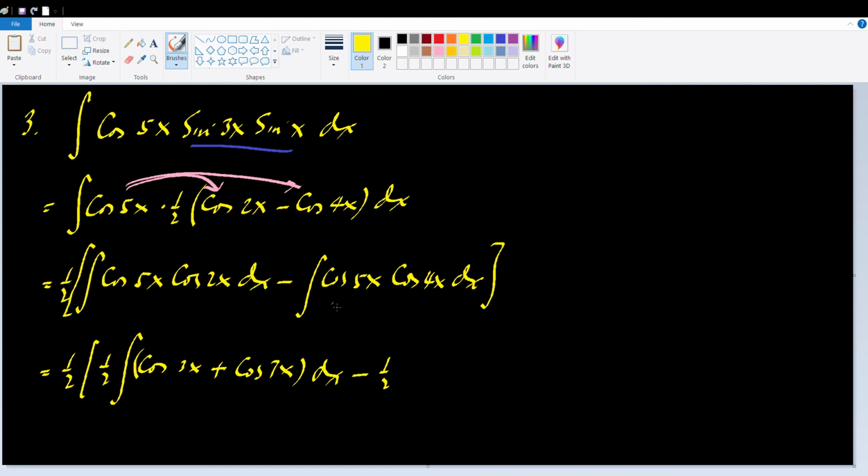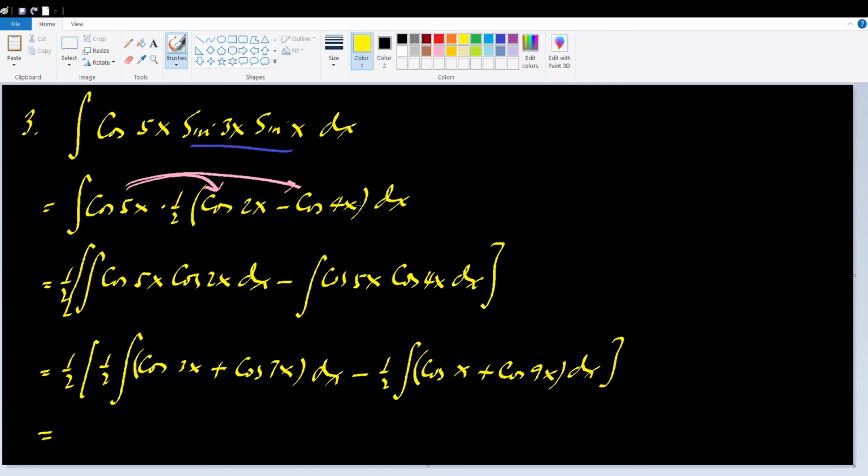We're now on to the second integral, and we are applying the third identity. So 1/2, 5x minus 4x is x plus 5x plus 4x is 9x. So that will be cosine of 9x dx.